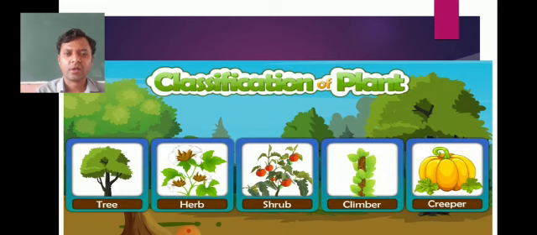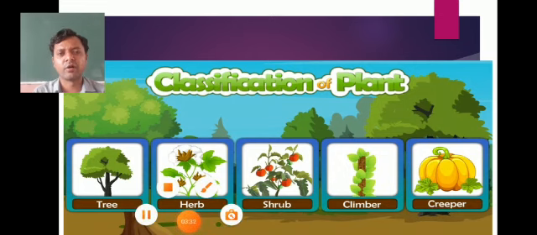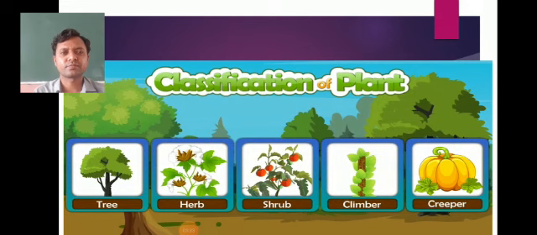Trees are what, herbs are what, shrubs are what, climbers are what, and creepers are what. We will see in detail what the types of plants are, how they differ from each other, what the functions of these types of plants are, and what different examples of plants there are as well. So let us move forward.